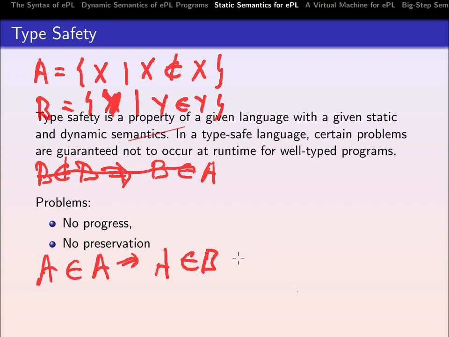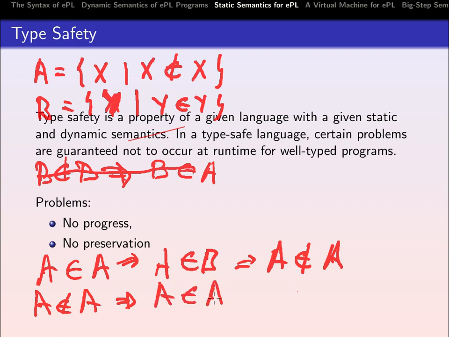So if it belongs to B, it cannot belong to A. If I assume that A does not belong to A, then it fits this description, so A belongs to A. So we actually can't know whether A belongs to itself or it doesn't. This is a paradox. Okay?